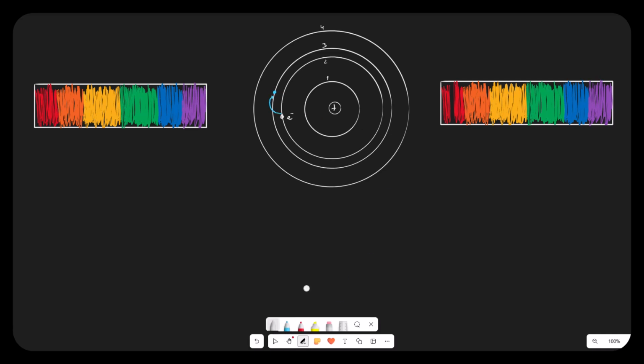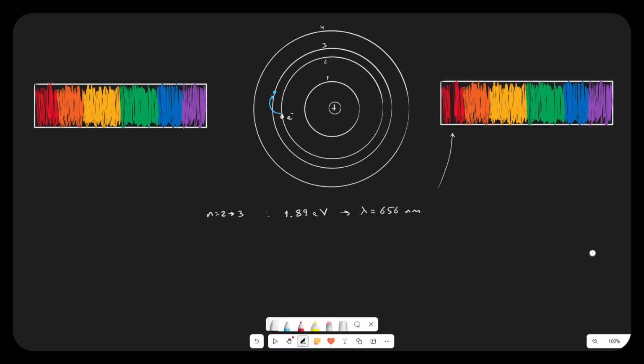It requires a transition of 1.89 eV, which translates to a frequency, or to a wavelength, of 656 nanometers. That is the one that's missing here. So this is for an n equals 2 to 3 transition.